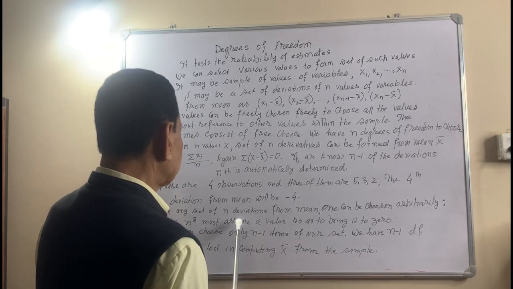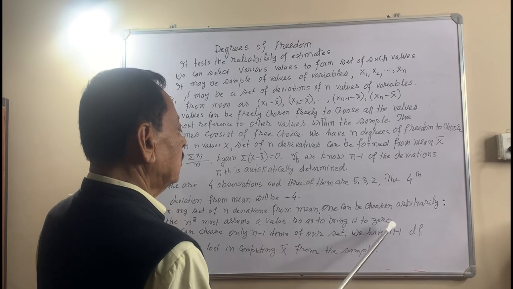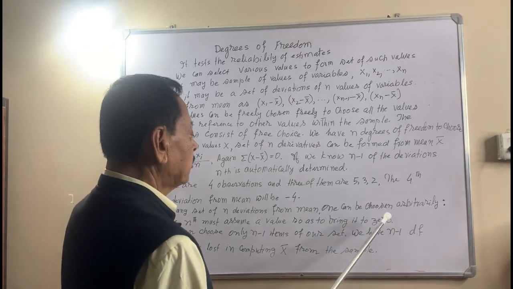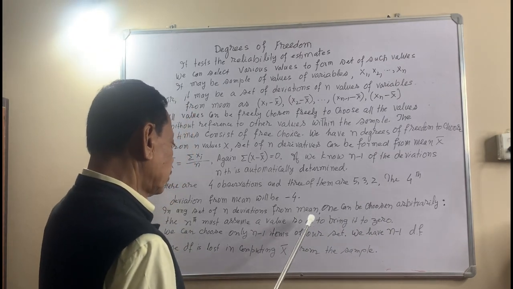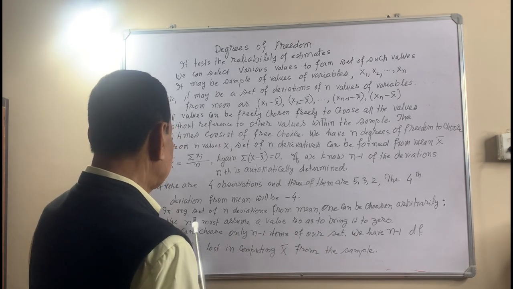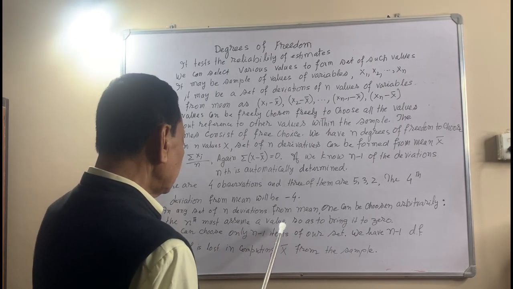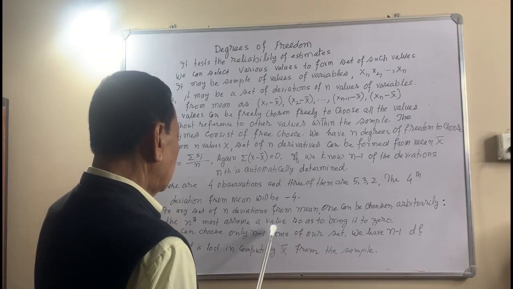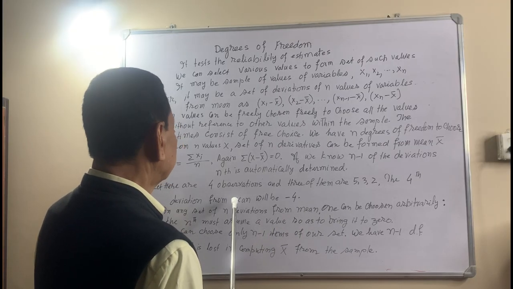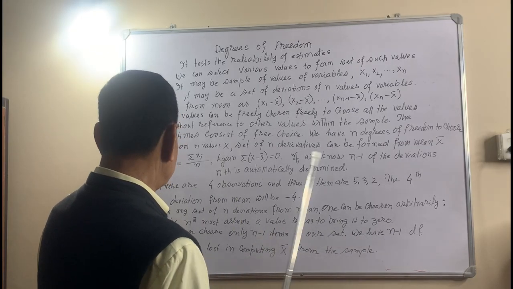The nth must assume a value so as to bring the sum to 0. So we have to choose the nth in such a way that the sum of the deviated values is 0.